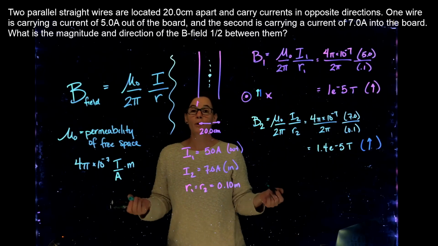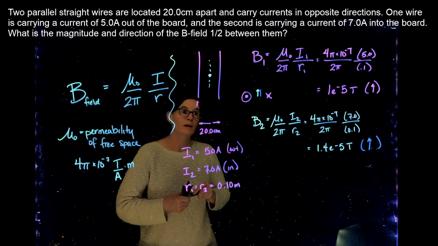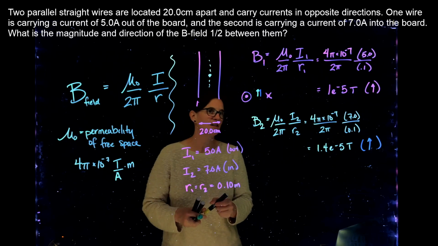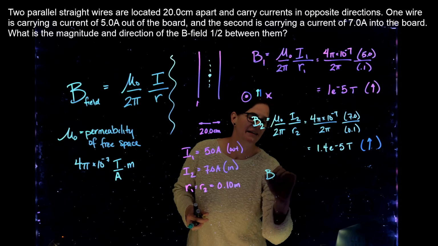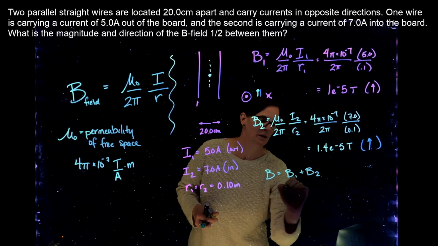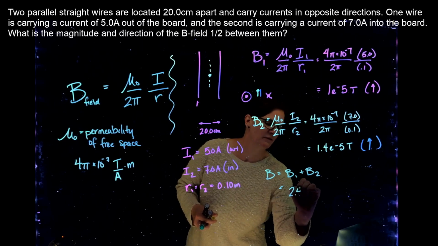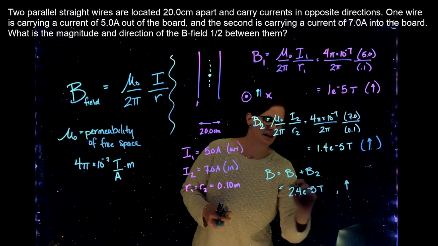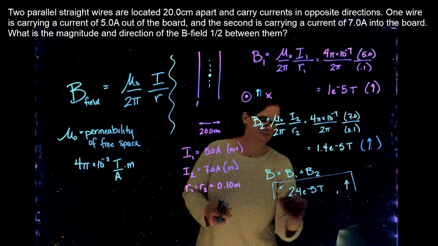So they're both pointing in the upward direction. They're going to add vectorially, both in the upward direction. We get the overall magnetic field strength is B1 plus B2. That gives us 2.4 times 10 to the minus 5th Tesla in the upward direction.